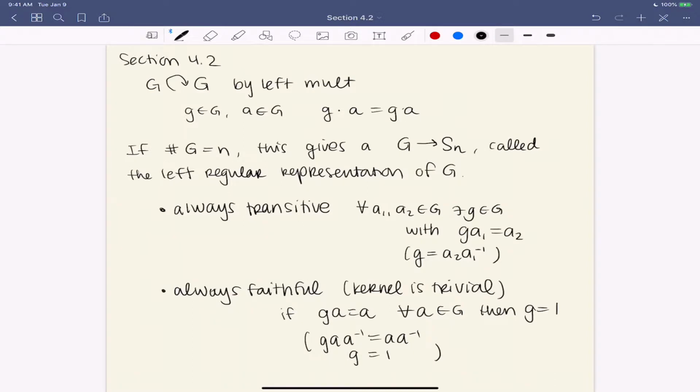Okay, so the action of G on itself by left multiplication is transitive and faithful, and kind of following from what I said here, I got ahead of myself because I got excited. When I was talking about the kernel, I was saying if ga is equal to a for all a in G, then g is trivial, and even if it happens for only one a.